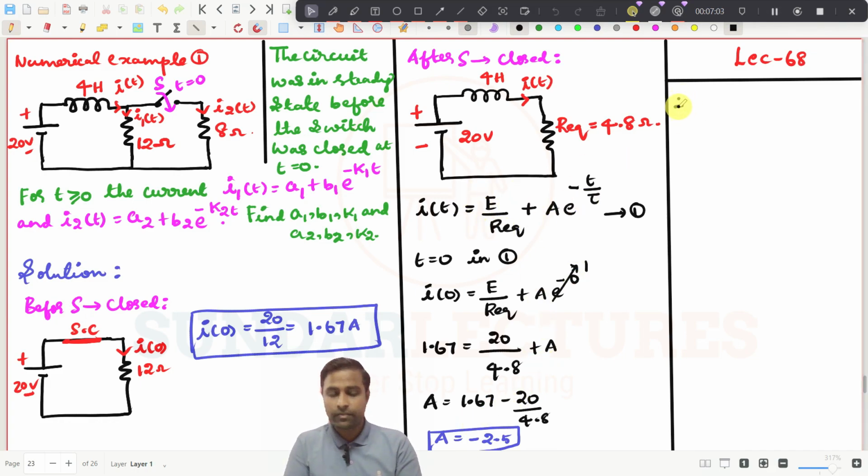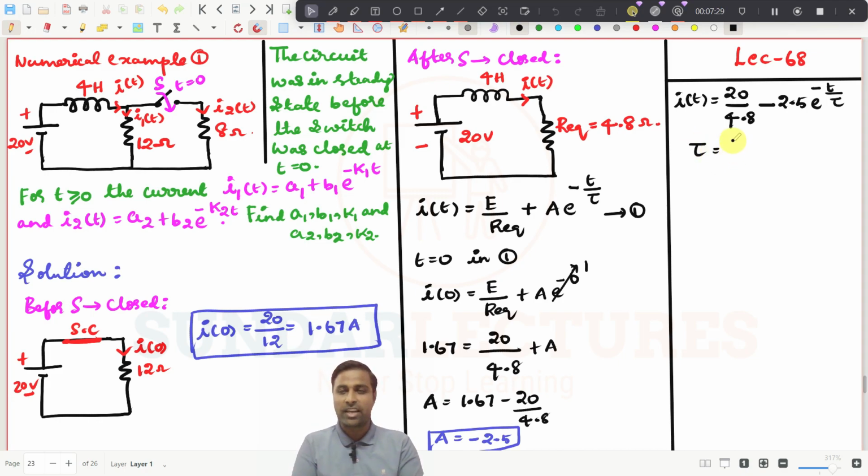So I of t will be equal to, what is E here? It is 20 divided by what is R equivalent? It is 4.8. A value is 2.5, so 2.5 e power minus t by tau here. What is tau? We have already seen, right?